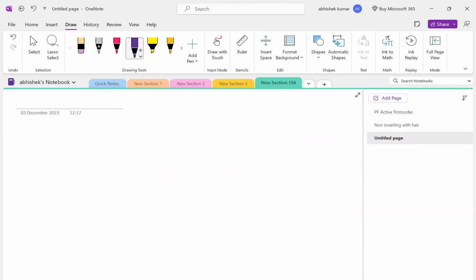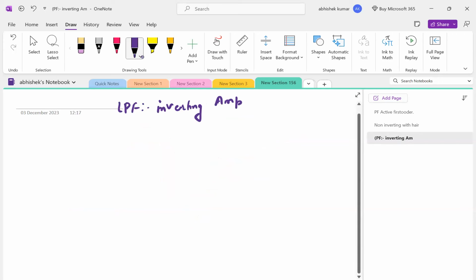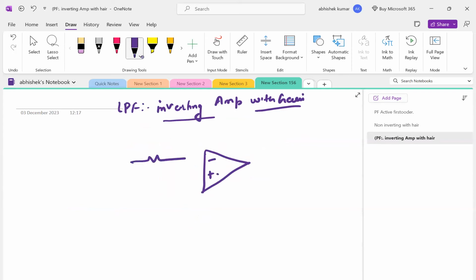We have one more variant, the inverting LPF, inverting amplifier with gain. Here the capacitor will be there. This is R1, this is R2, this is C1, and this is your input.